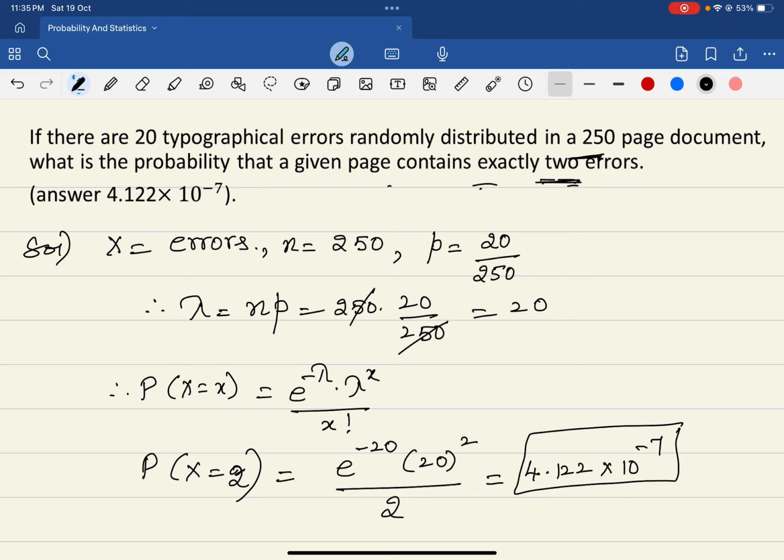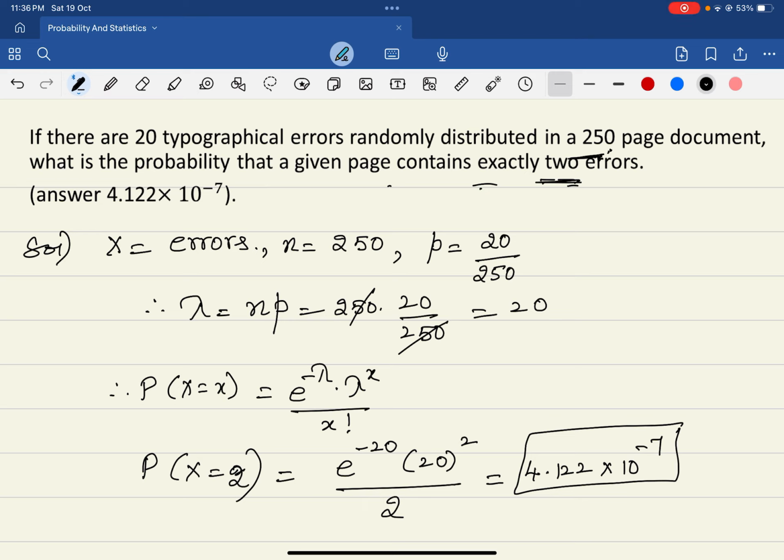Okay. So with this we are done with all the Poisson distribution problems. I hope you could understand when we use the Poisson distribution and when we use the binomial distribution. Whenever the number of trials is considerably bigger, then you can say that it is a Poisson distribution.